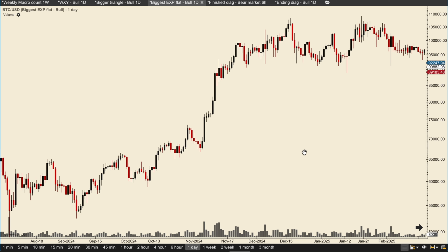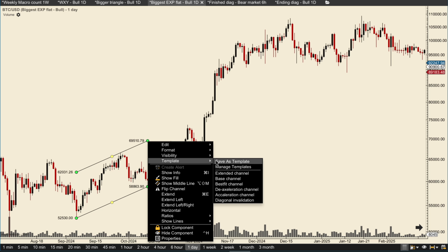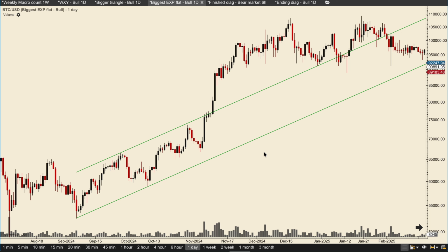So here is a bullish count that we had previously. 1, 2, 1, 2, 3, 4, 3, 4, 5 and so on. And if we take a channel here on the first 1, 2, like so, you can see clearly that we had 1, 2, 1, 2 and 3 broke out of this channel in a very significant way, as we would want on the bearish move.